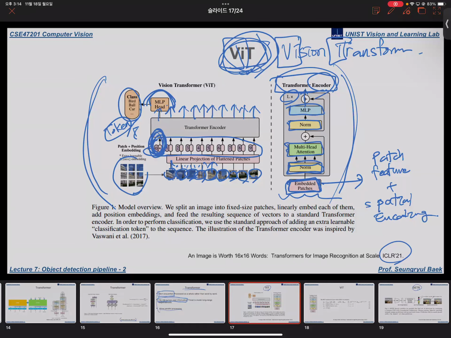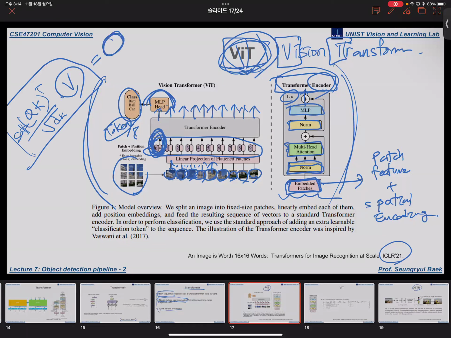So this is indicating that Q, the query, somehow softmax and divide by some constant, and you will multiply that with the value feature. Okay, this is our final output in the transformer encoder. So the final output of the transformer would be the same dimension as the value feature. Okay, do you agree with that?